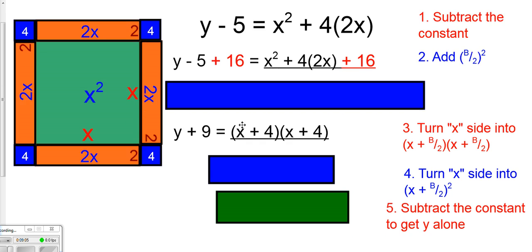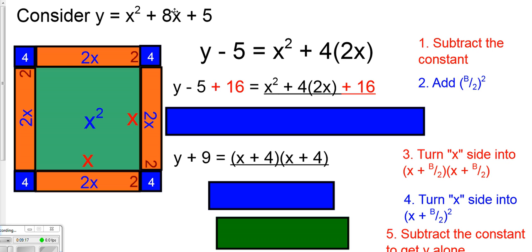The reason this works is because if you were to FOIL this out, x times x is x squared. X times 4 is a 4x. 4 times x is another 4x. Those two 4x's would make 8x. And then 4 times 4 is the 16. So that's why this works out to be able to turn it into x plus b over 2 times x plus b over 2.